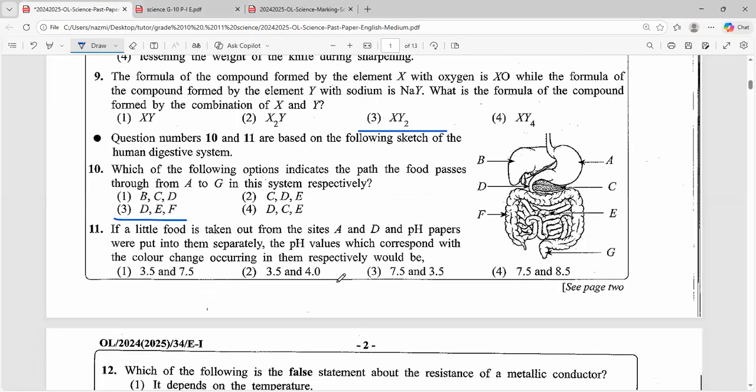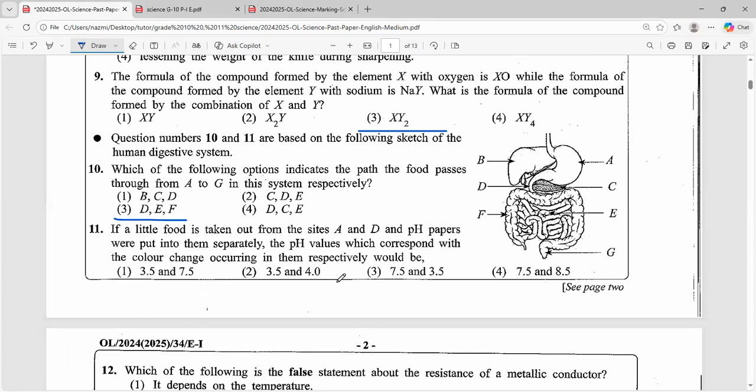11th one, if a little food is taken out from the sites A and D, and pH papers were put into them separately, the pH values which correspond with the color change occurring in them respectively. Now they have taken from A. What do you think the pH will be? Now what is secreted in the stomach when food comes? Hydrochloric acid.